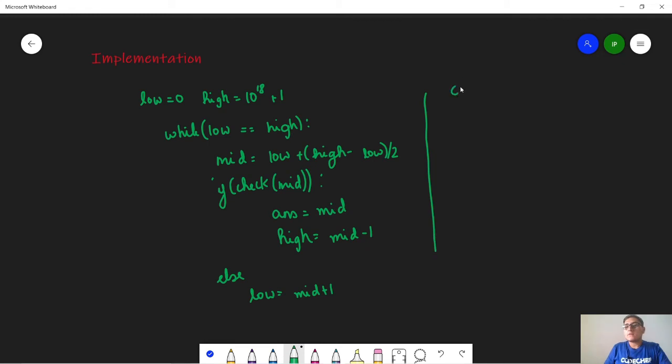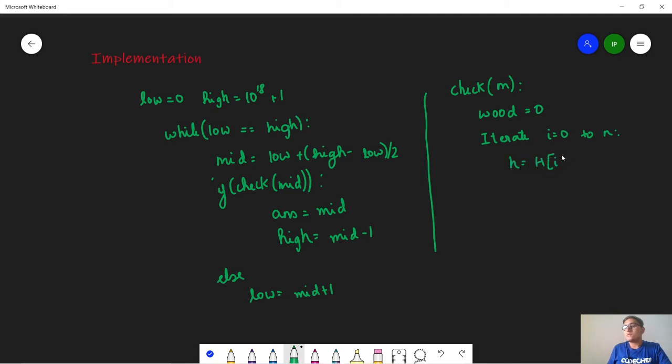Now we can write the check function as it accepts the number of months m. To calculate whether the total wood is greater than or equal to W or not, we first calculate the total wood by iterating over all the trees. And in this, let us say that the height of the current tree is h.